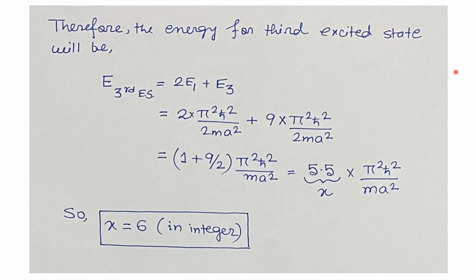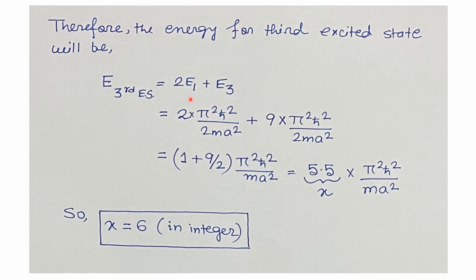Now we will calculate the total energy of the three-boson system in the third excited state. In the third excited state, two bosons will be in the ground state energy level, that is the first energy level, and the remaining one will be in the third energy level. So the total energy will be 2E1 plus E3.